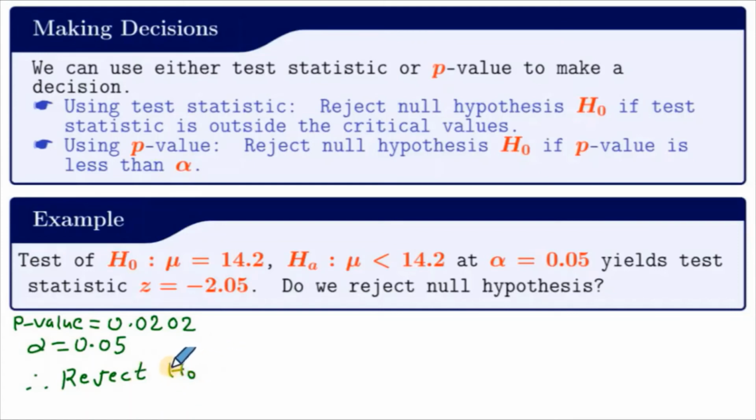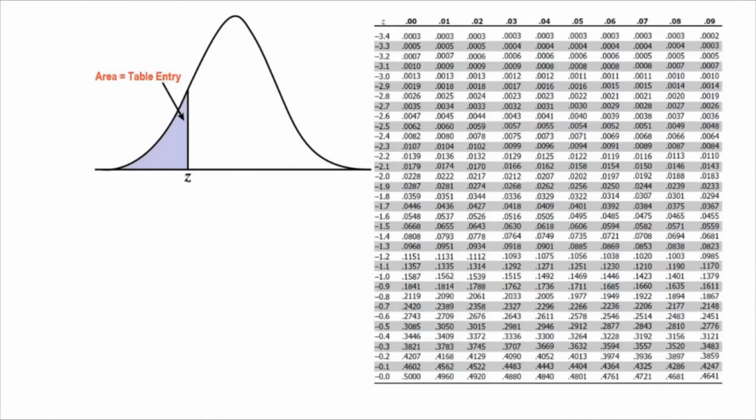Now, let's do this using critical value. To find critical value using a z-table, let me pull up my table on the screen. Now, find number closest to 0.05 among these tiny 4 decimal place numbers.